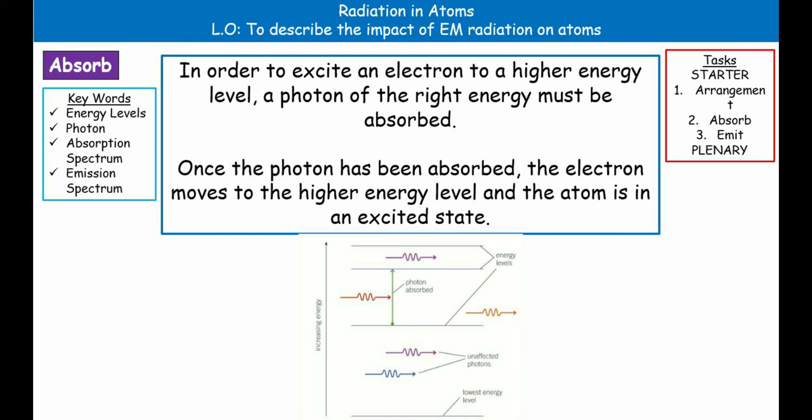So we've moved that electron from close to the nucleus to a shell that's further away. So what we've done is we've moved it to a different energy level because it's got more energy as it's absorbed that photon. So the whole atom is now in an excited state. I'll leave this up 30 seconds for you to jot down any points you haven't already got.